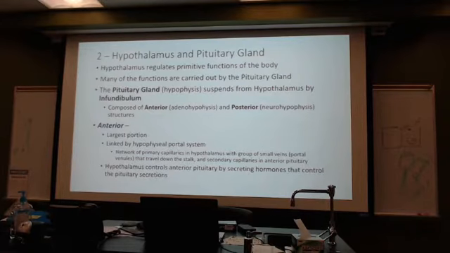In a portal system, the veins from the primary capillaries carry the blood to the secondary capillaries first, rather than returning it to the blood.